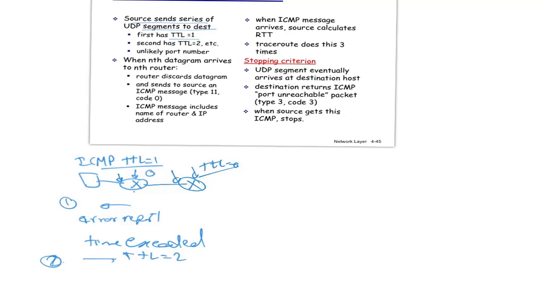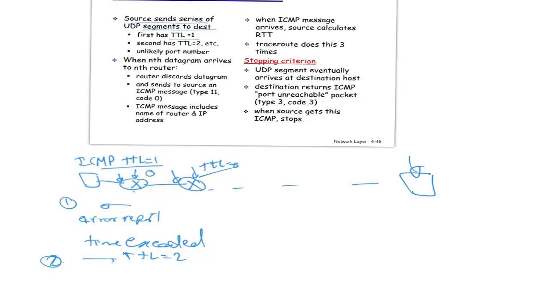You keep doing this until you get an error message that's not TTL expired. Then you know that you have reached the ultimate destination, so you stop at this point.